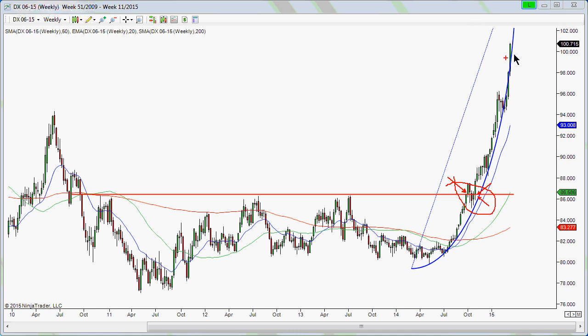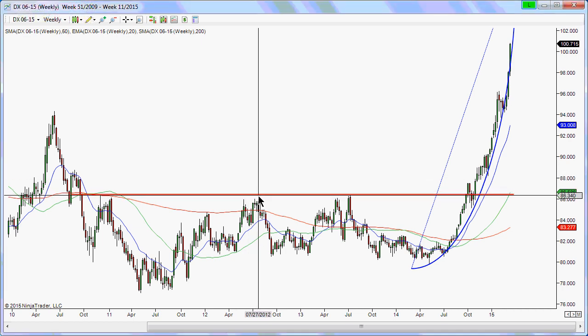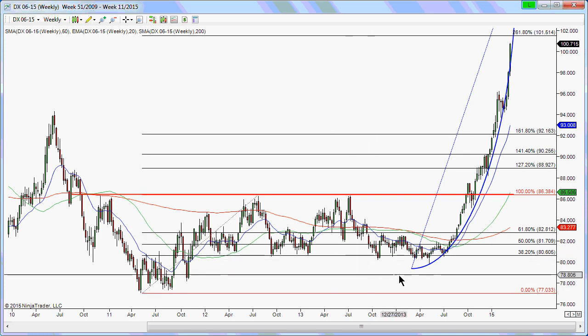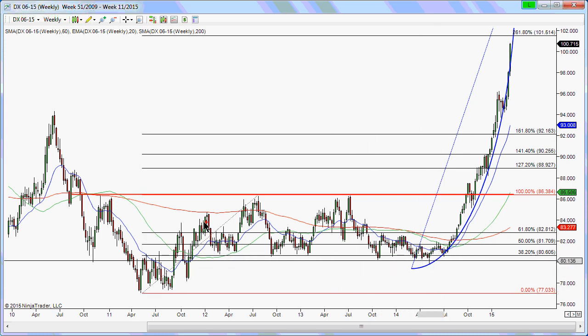But before we talk about this parabolic move, let's go back and take a look at this area here, okay? Because it's kind of interesting. It took so many times to test this level before it actually broke through. And if we also put in a Fibonacci retracement tool here, look at how many times it just pulled back to this zone here, right?